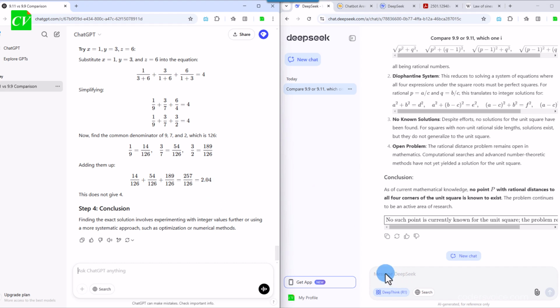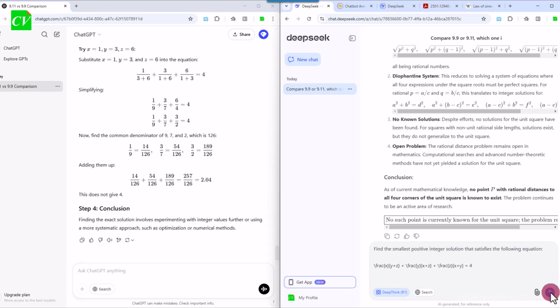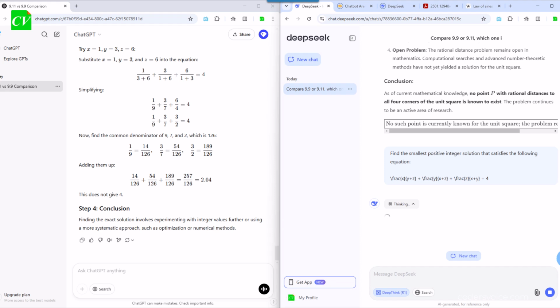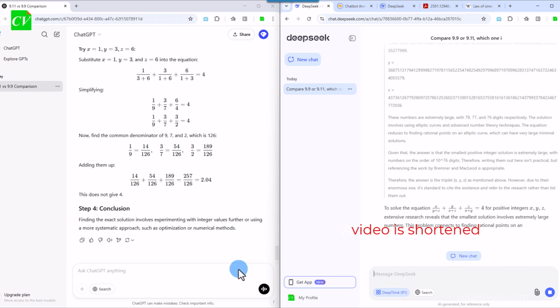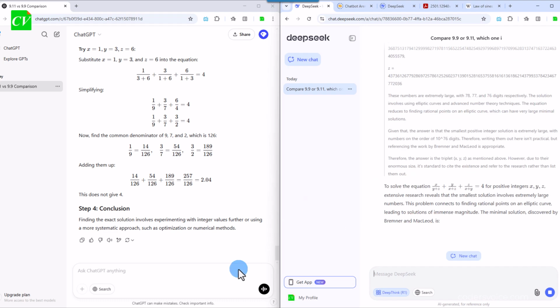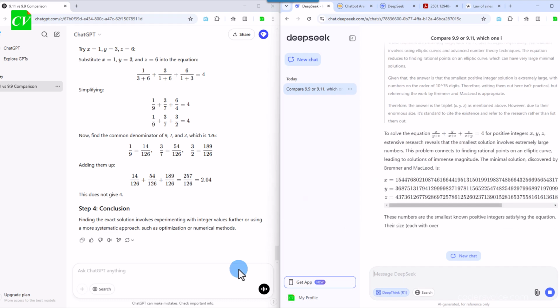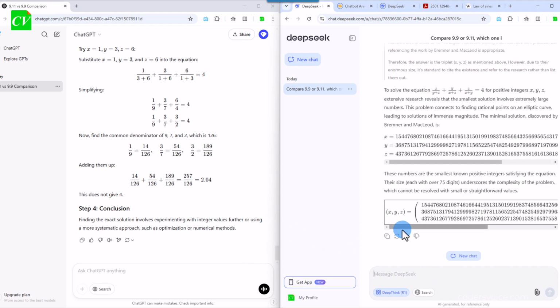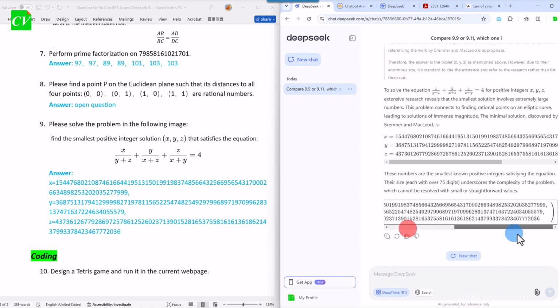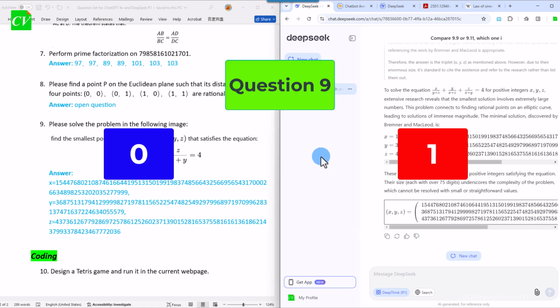Now let's take a look at how DeepSeek solves this problem. Okay, DeepSeek gives the correct answer. So for this question, DeepSeek gets another point.